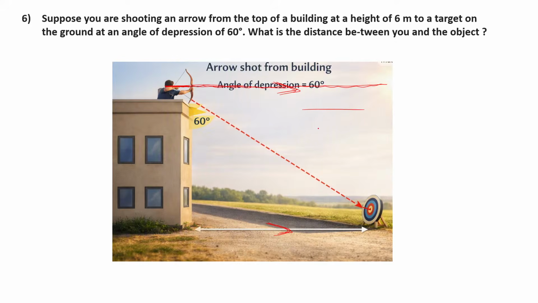You can see this in the diagram. This is the actual ground level, and we need to draw an imaginary horizontal. Now the observer is looking at the target like this. The angle between the line of sight and the horizontal is the angle of depression. I hope you have understood this clearly.